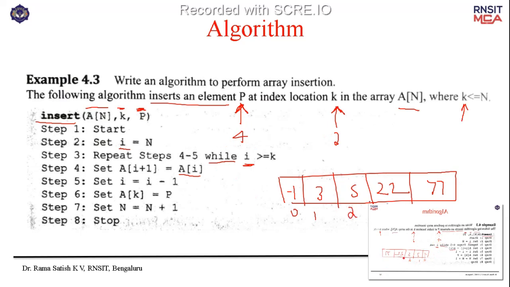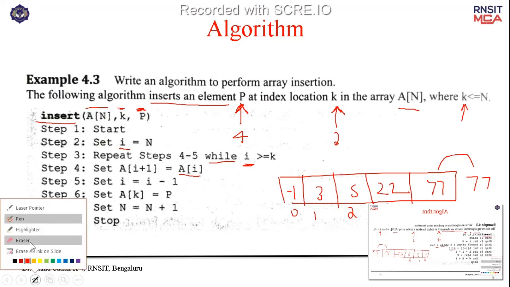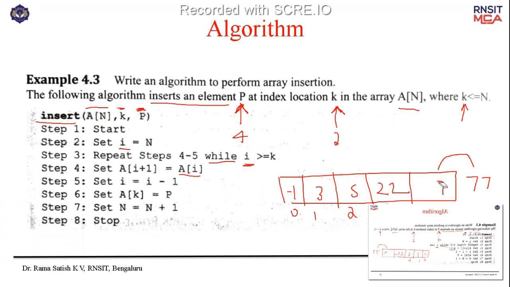So what you have to do, all the elements from the last, that is n, have to be moved. So 77 will move on to the next. So A of I, that is 77, has to be moved to A of I plus 1. So 77 is moved here, and this place becomes empty now.